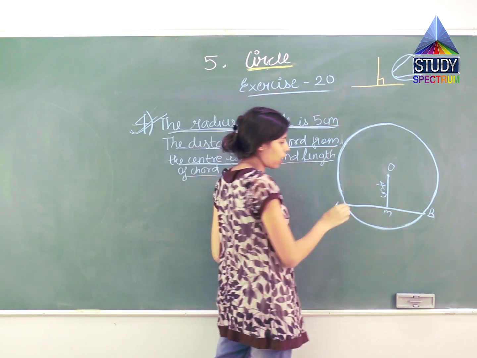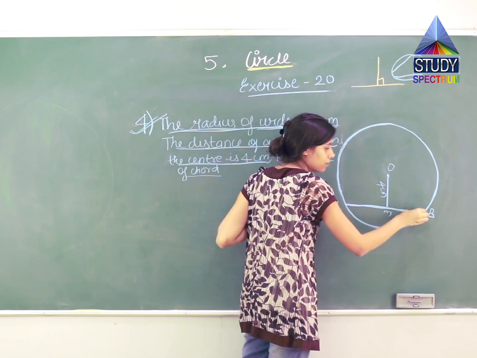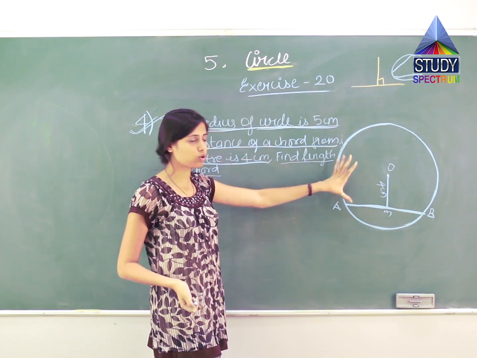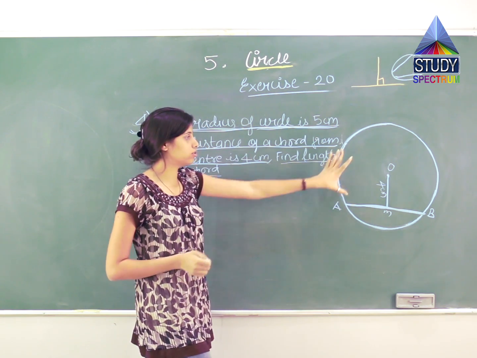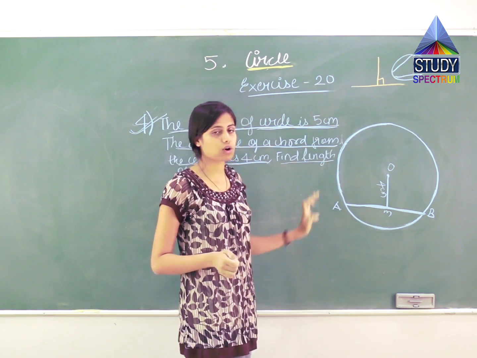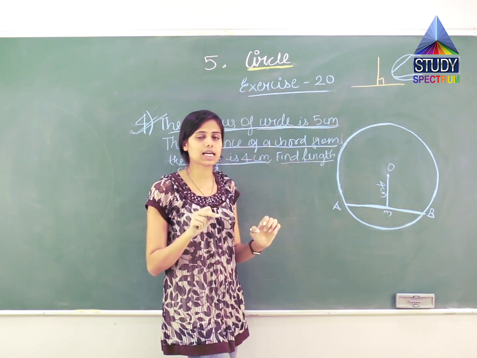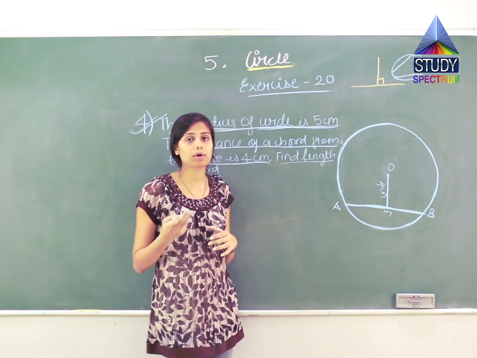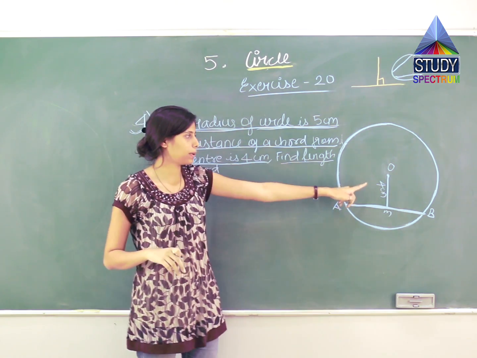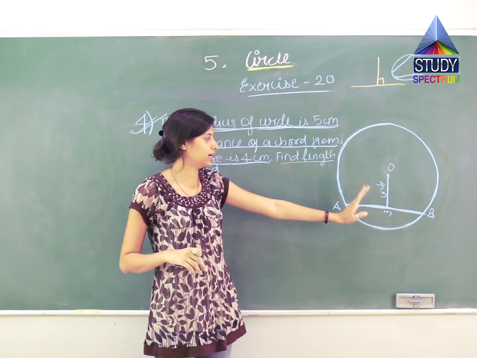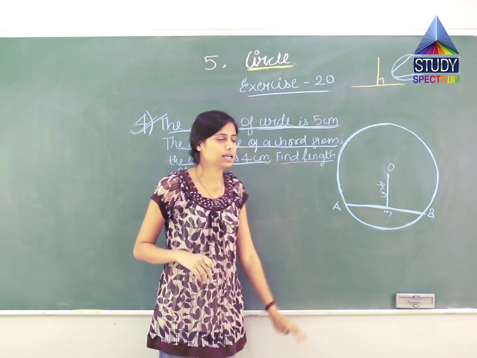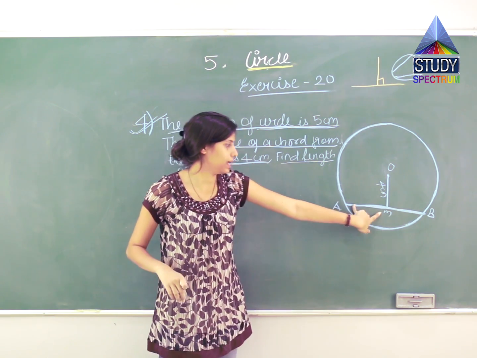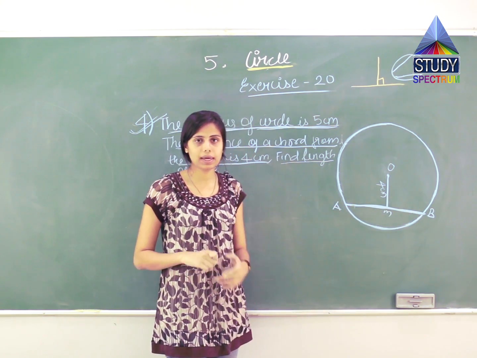And what they are trying to tell is find the length of the chord. Okay. Now we have to find the length of this chord. How is it possible with this? Because see, congruent chords have a property that if two chords are congruent to each other, then the distance of both the chords from the center will be equal. The first property says, if there is a perpendicular, it bisects the chord equally. Meaning OM will bisect this. AM is equal to MB.